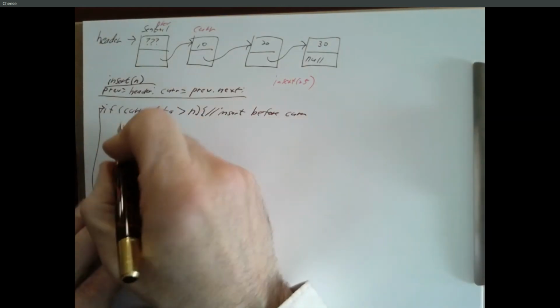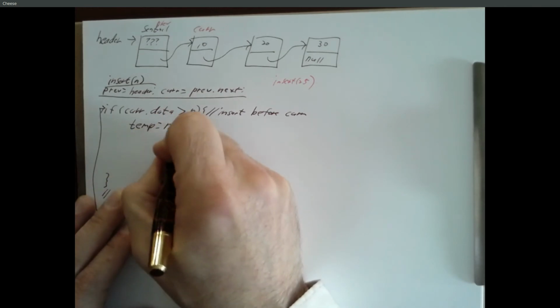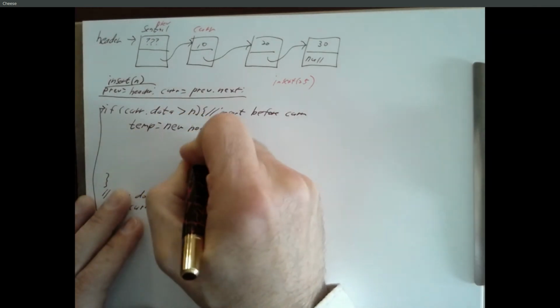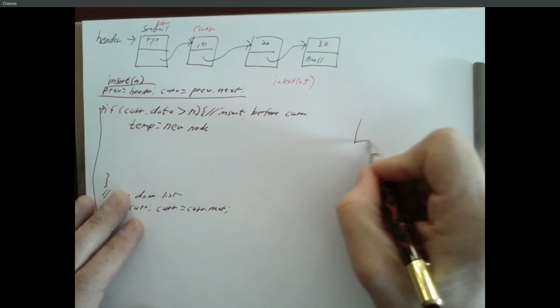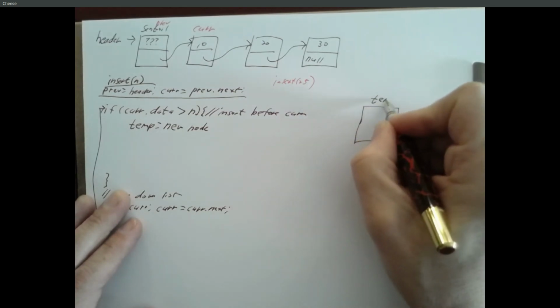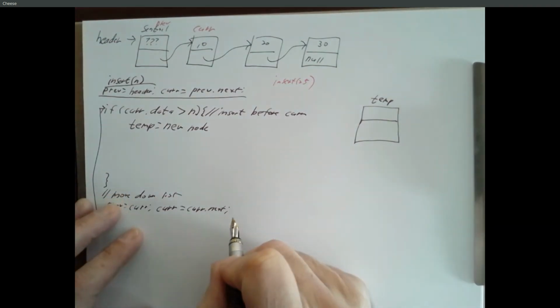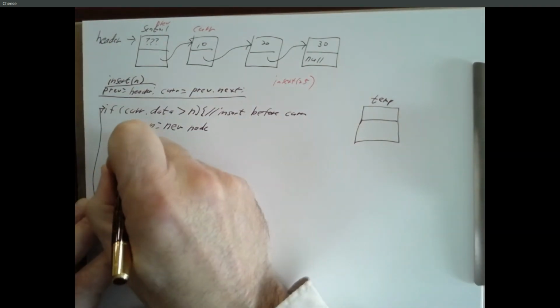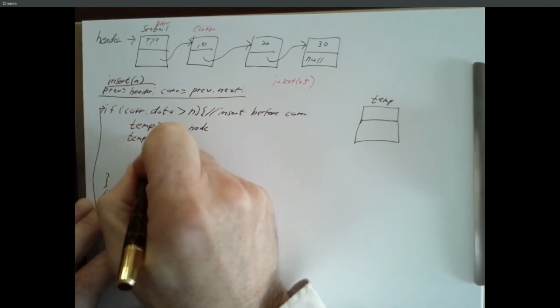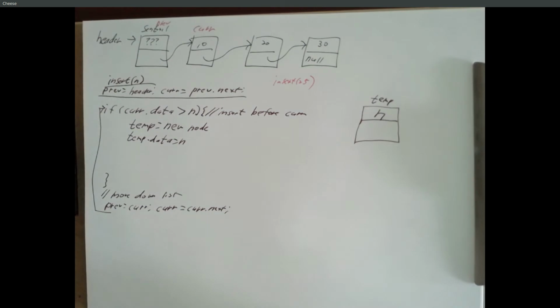Okay, so how do we do the insert? Make a temporary node. So here's temp. Set its data equal to n.